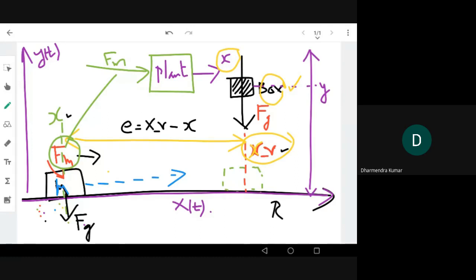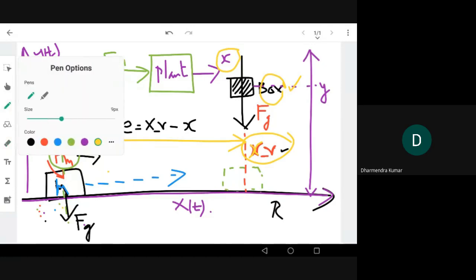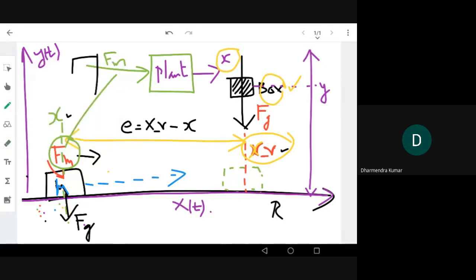So before that, you have to understand the problem statement. The input to the plant is the magnetic force Fm, and the output of the plant is the position of the magnetic train. Okay, so we need to design a controller, one controller which will apply the exact required magnetic force so that the magnetic train is going to catch the box, right?